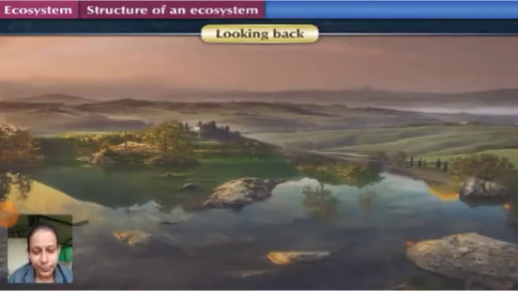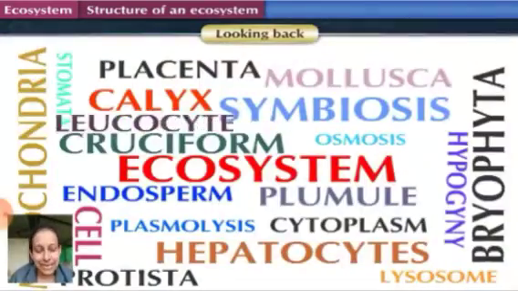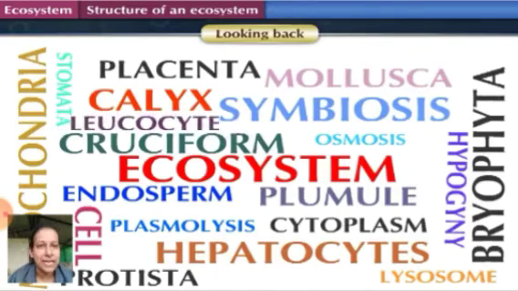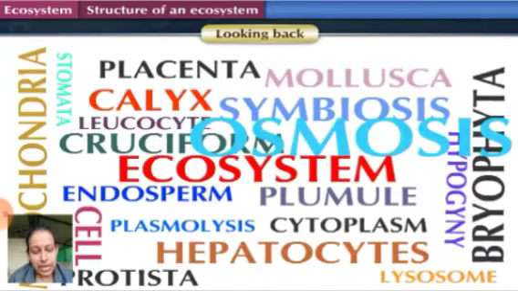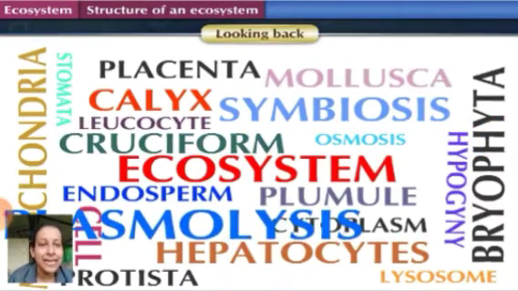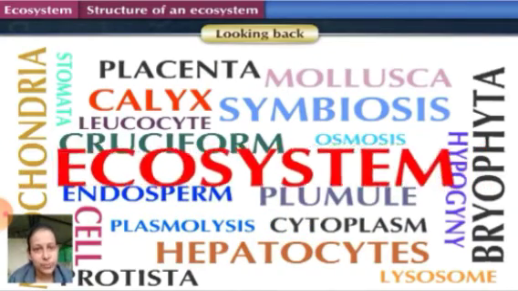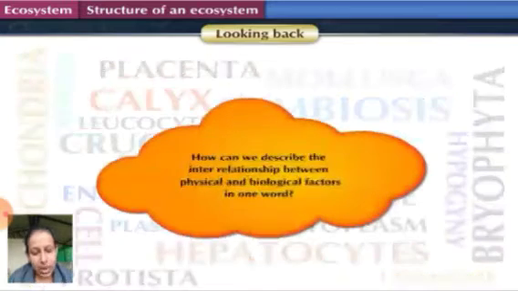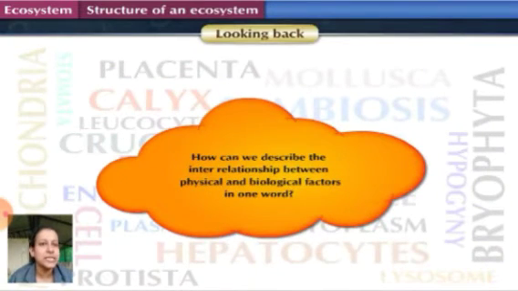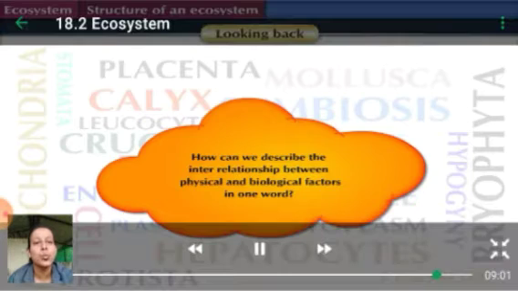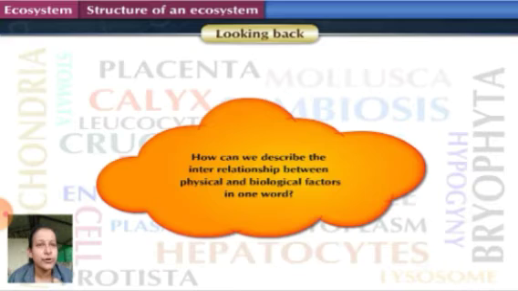Looking back, new words are created with the development in science. You can see so many words here. Same is the case with the word ecosystem. So ecosystem is also a word which was coined by someone. So how can we describe the interrelationship between physical and biological factors in one word? What does this mean?